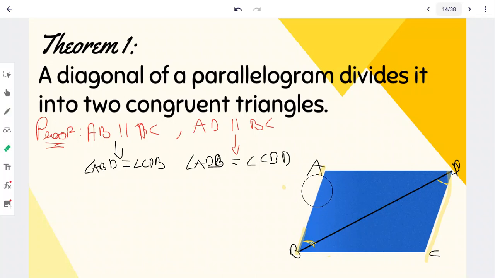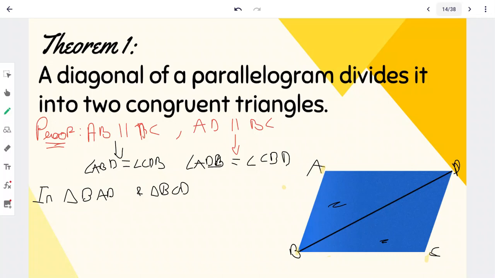Now let us discuss the triangles. Take triangle BAD and triangle BCD. These are the two triangles forming, right? You can name it anything.